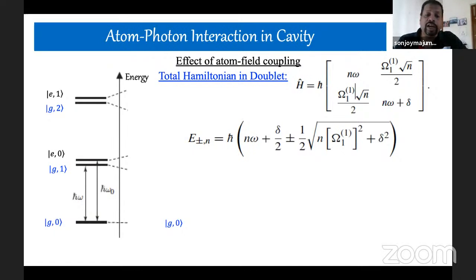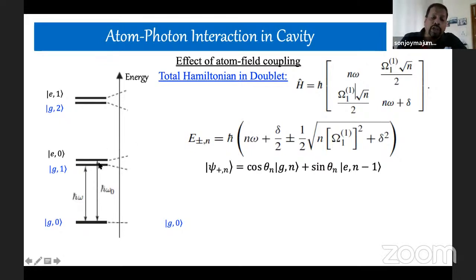So you will get an effective picture with two new states, which are a linear combination of these two uncoupled states, |E,0⟩ and |G,1⟩. The normal way to write that superposed state is with some cos θ and sin θ, where θ gives the strength of the coupling.